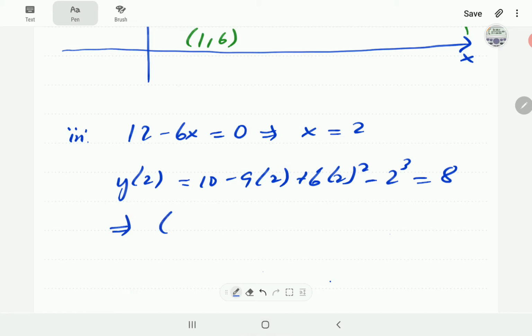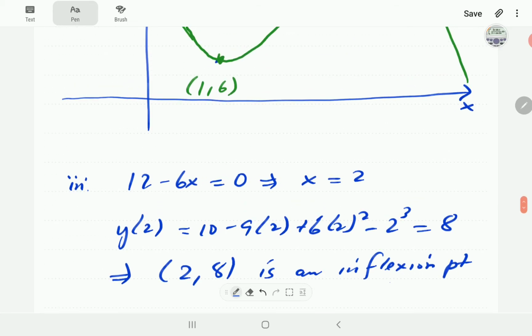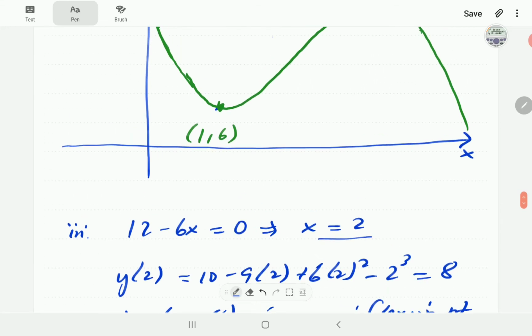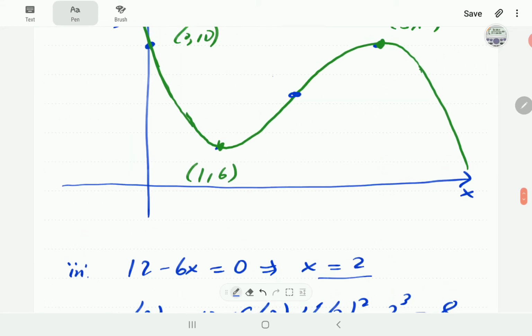So this is telling us that (2, 8) is an inflection point, and there is only one inflection point here, because this is only giving us one solution. So (2, 8) is going to be our inflection point.